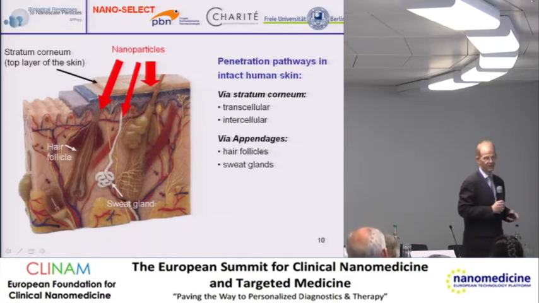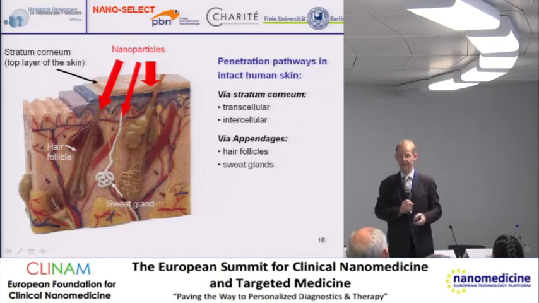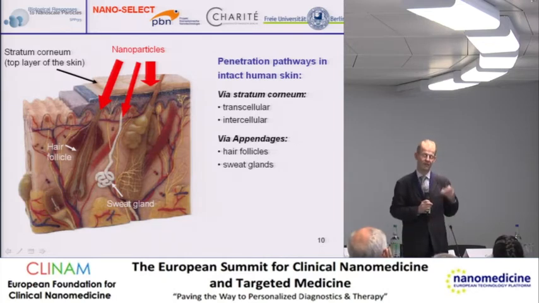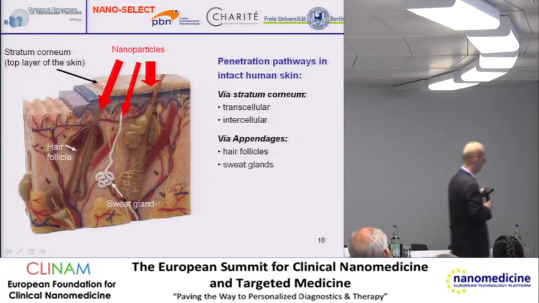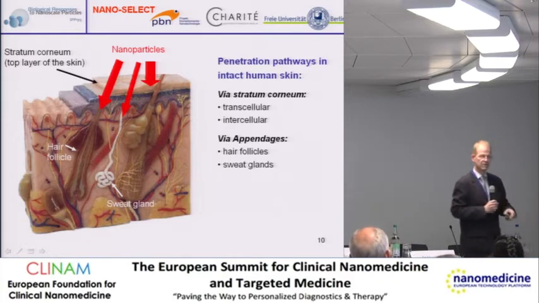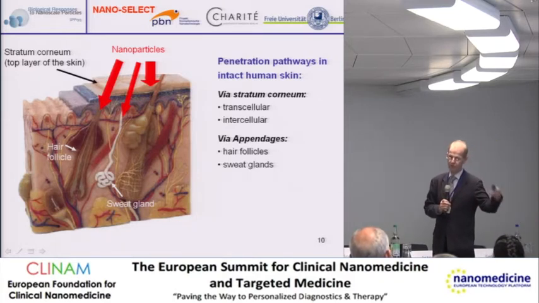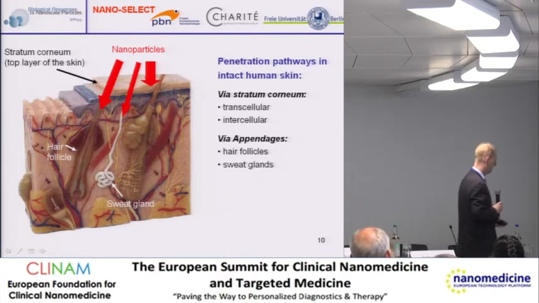So the dermatologists, they discuss whether this is an entry route of either nanoparticles, so unintended uptake of particles, or for vaccination, a possibility, or whether sweat glands or inter or intracellular transport processes through the stratum corneum into the epidermis, into the dermis may occur.